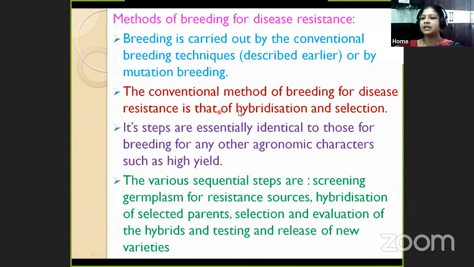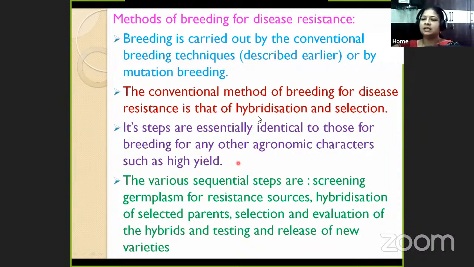The conventional method of breeding for disease resistance is hybridization and selection of superior hybrid varieties. Its steps are essentially identical to those for breeding for any other agronomic characters such as high yield.